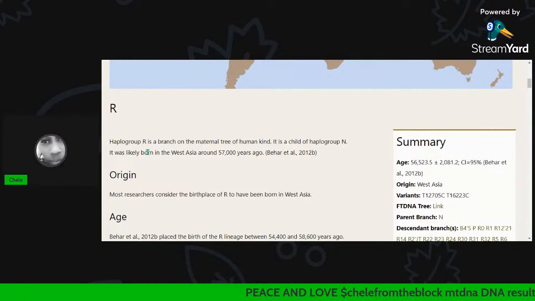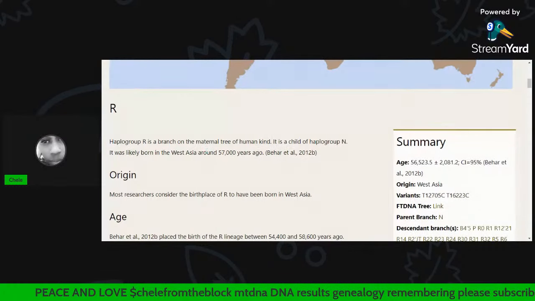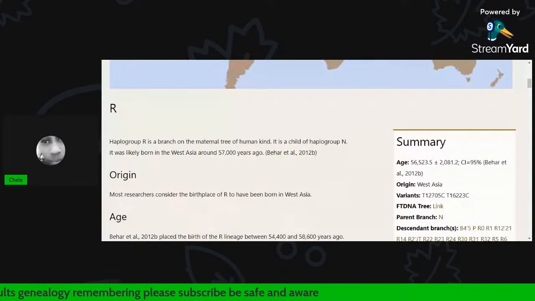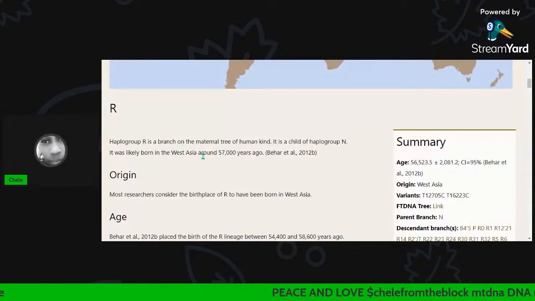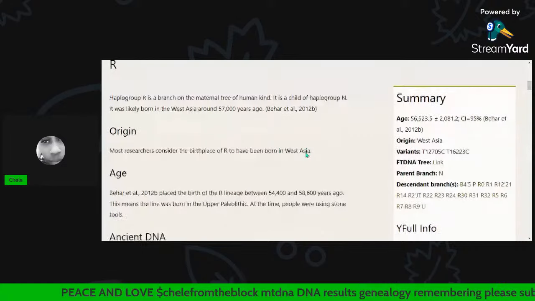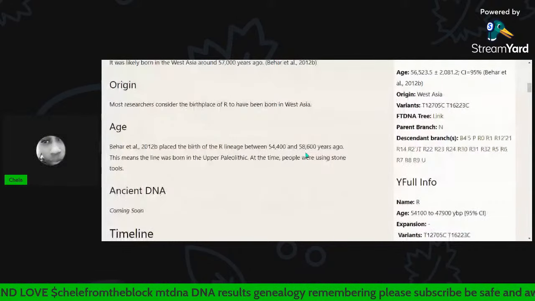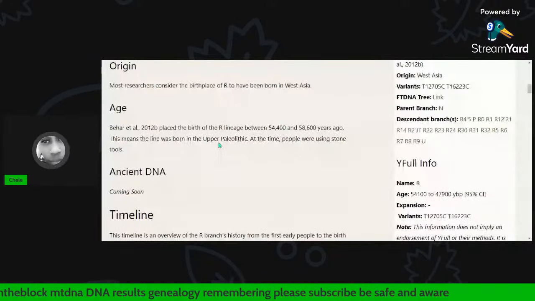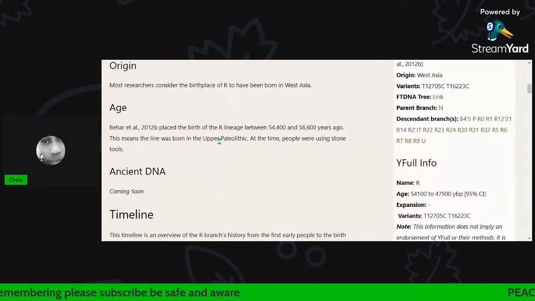Again, most likely born in West Asia. It's like all of the smaller percentages that I did in this live were Asian, Eurasian, Afro-Asian, West Asia. Most researchers consider the birthplace of R to have been West Asia, 54 to 58,000 years ago, the Upper Paleolithic times, using stone tools.